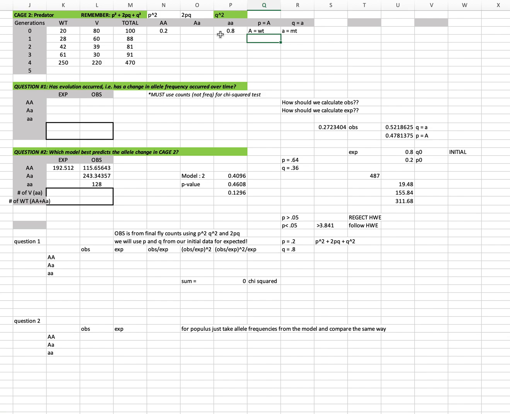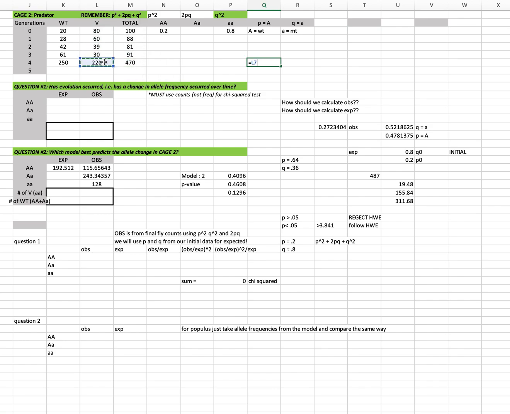If we don't know the actual alleles that we had in our population, and we don't for any other generation, we have to use a different method. So I'm going to be using this last group. This is some data I just made up, so don't follow this word for word. We are going to find our Q squared frequency using our vestigial fly count.